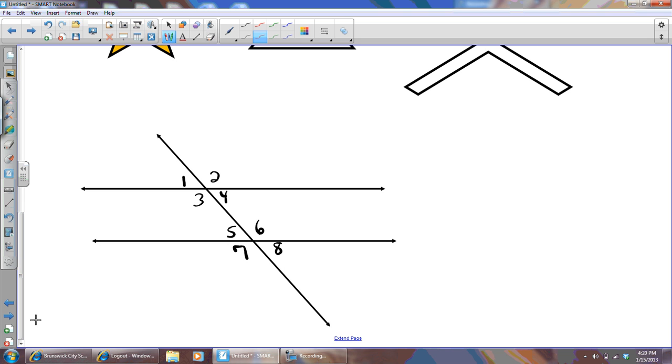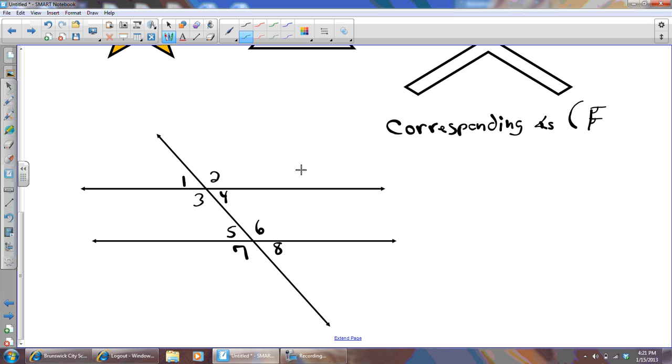Now, one thing that hurts you guys is you don't know your definitions for alternate interior, corresponding, etc. Remember, corresponding angles make an F, right? And those two angles end up being the same.